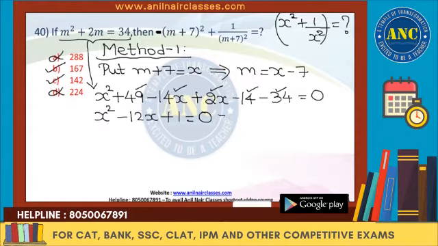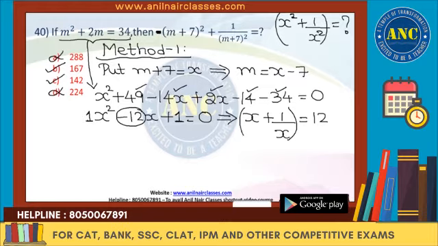and I am sure that you know how to find. If I know the quadratic equation, I can directly find the value of x plus 1 by x, because the coefficient of x square is 1 here, and the constant is also 1 here. This minus 12 is shifted to the right hand side, it becomes plus 12.